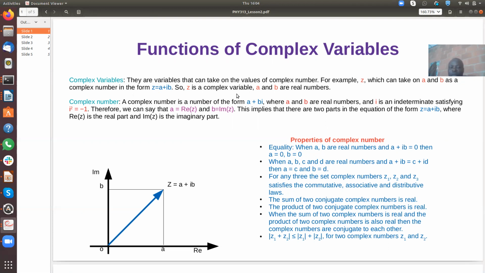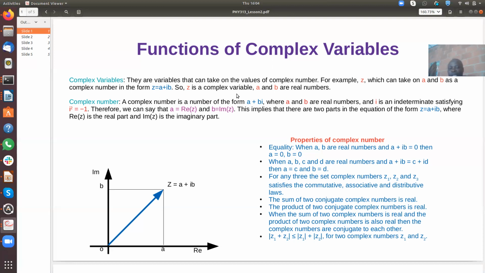When you look at a complex number critically and try to analyze it, you will see that there are three terms. We have the z, which is on the left hand side. Then on the right hand side, we have a + ib.